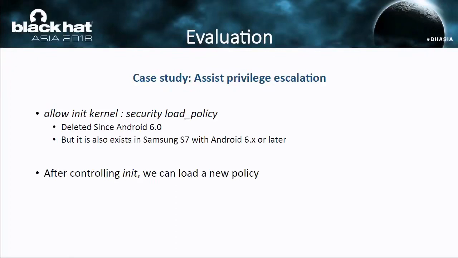We found it also exists in Samsung S7 with Android version greater than or equal to Android 6.0. So with the help of this rule, we can very easily bypass the mandatory access control enforced by SELinux, because we can load any rules we want to help the privilege escalation.